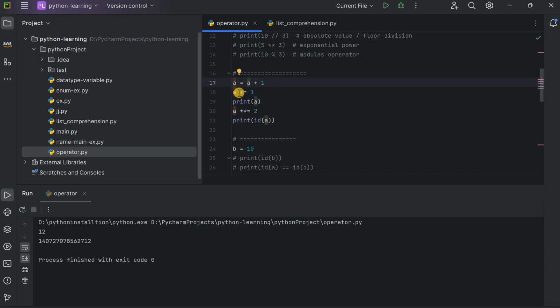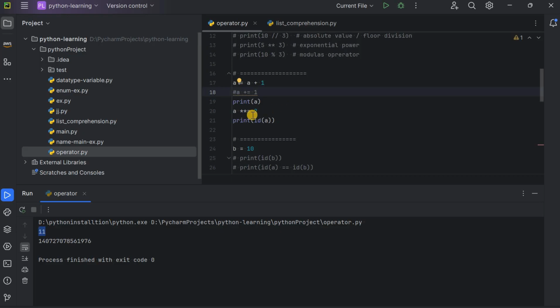Let me make it a comment. A is equal to A plus 1, so that is 11. Print A plus equals 1 and print A; it will work the same. If we are talking about this, A plus equals 1, the output is also the same, 11.